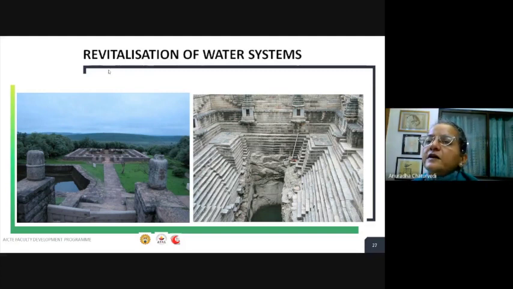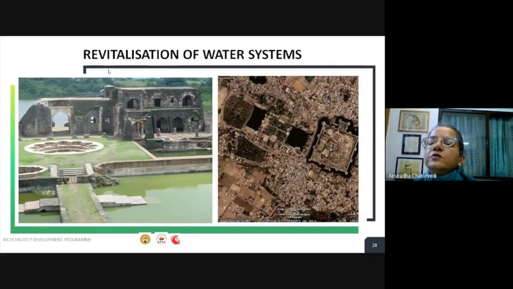Interestingly, the revitalization of the historic water systems was an important component of the heritage sector for the CDP for the NDMC area. So this is an aspect where the heritage resources are very directly linked with the achievement of the Sustainable Development Goals.